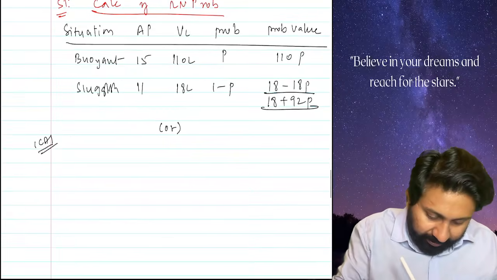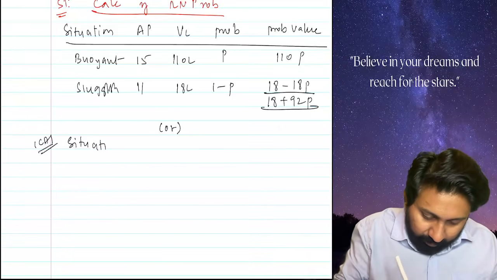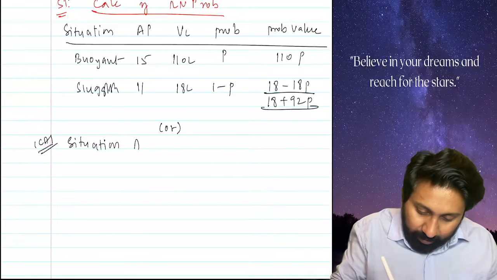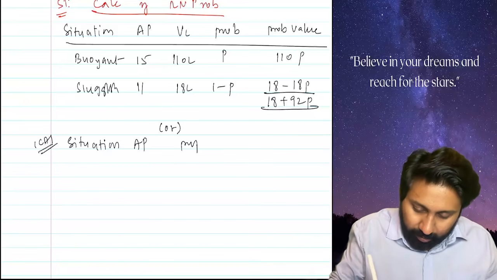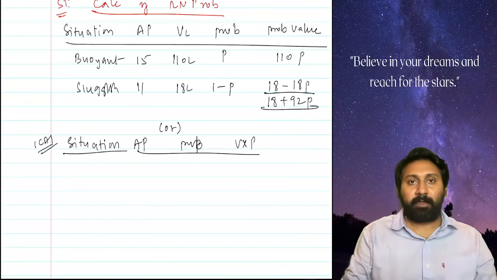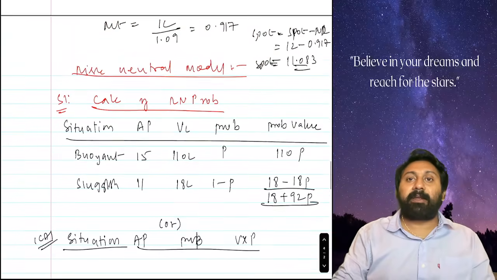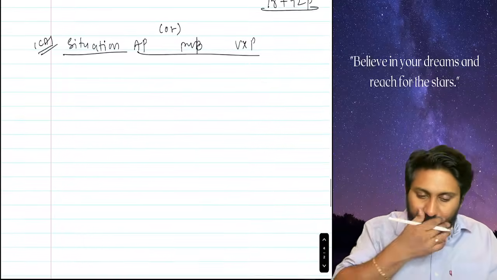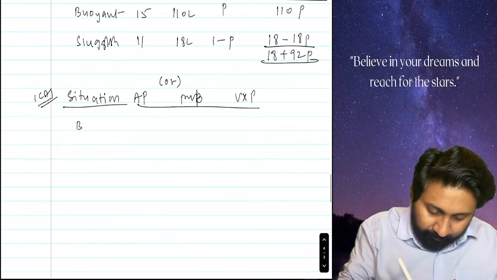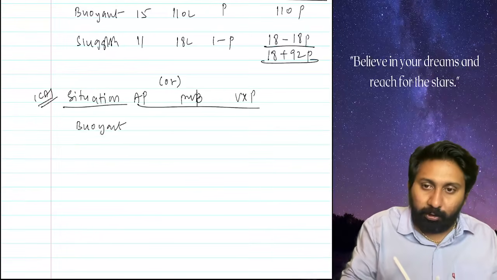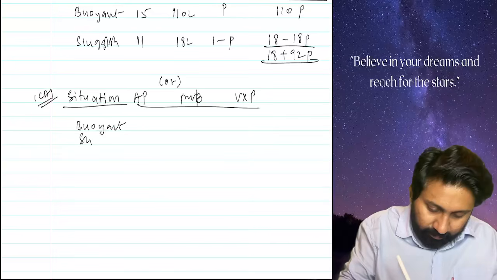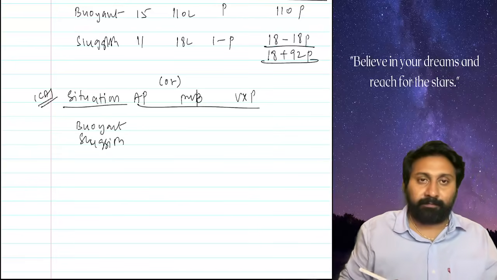Which model? See here. Situation, actual price, probability, value into probability. They will take 15 and 11 directly, because they will compare directly with the 11.083. Situation: buoyant, sluggish.